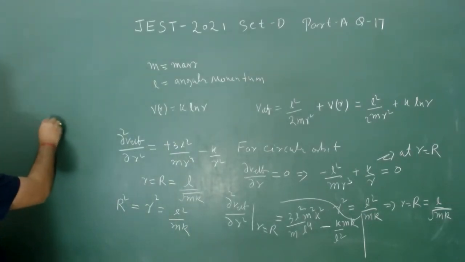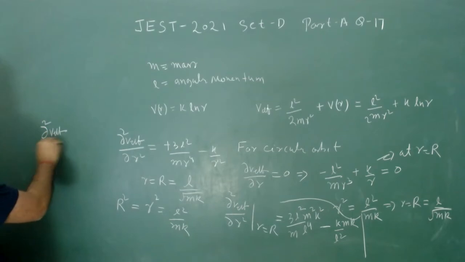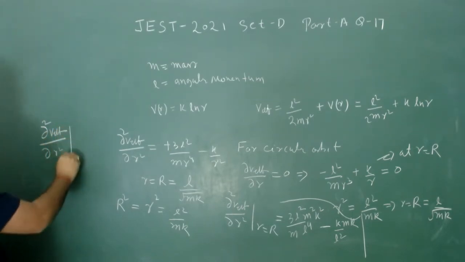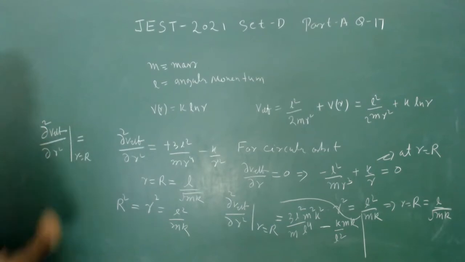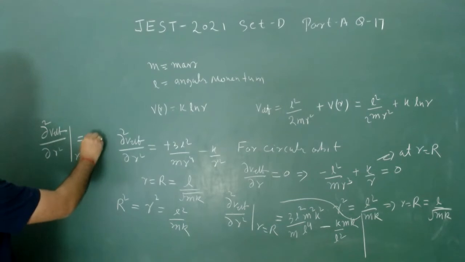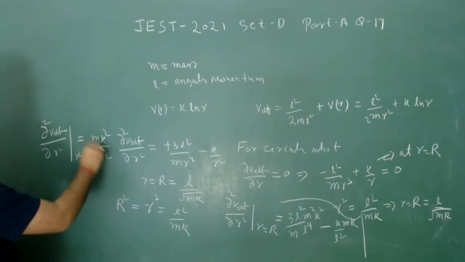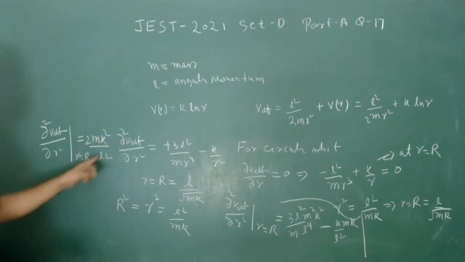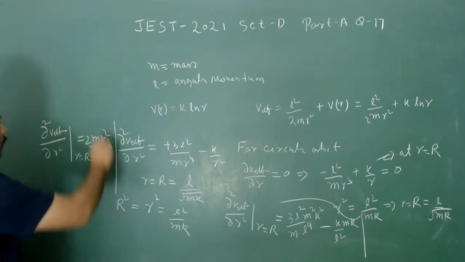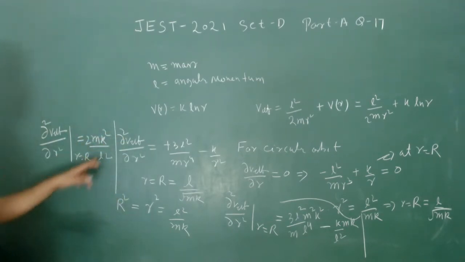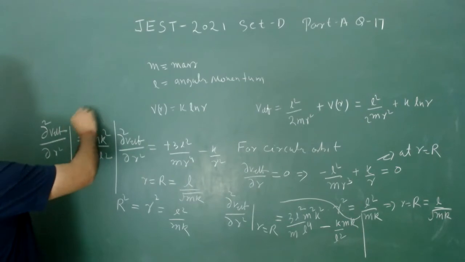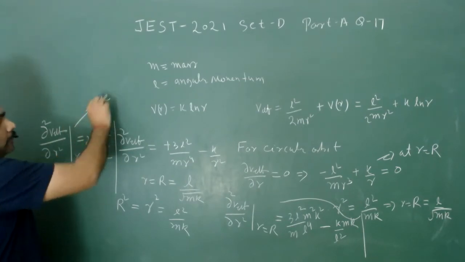So del square V effective upon del r square at r equal to capital R is equal to 2 m k square upon L square. Here m is positive, k square is positive, and L square is positive, so this value is positive.